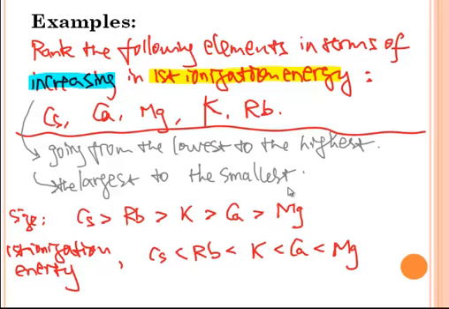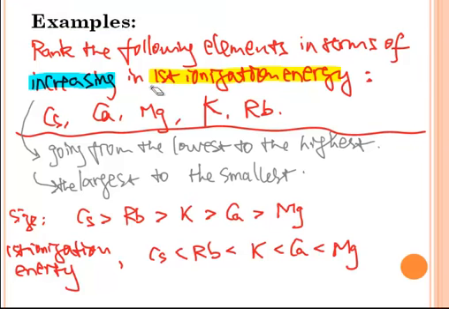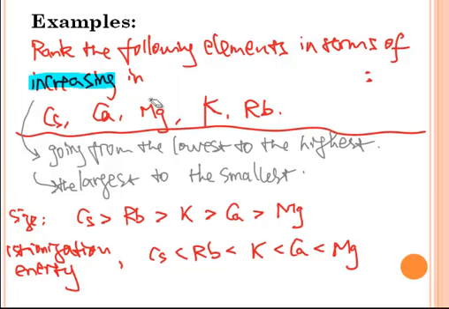Now let's take a look at a problem. We got it from last time, and in this case we need to change the question a bit. Instead of the first ionization energy, we're going to ask about the following elements in terms of increasing electronegativity.